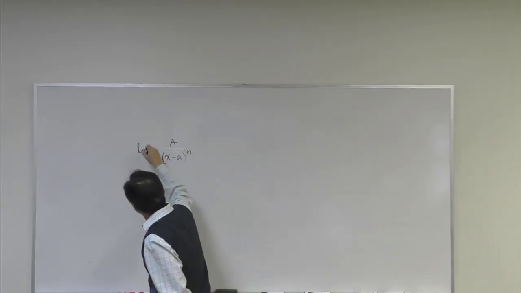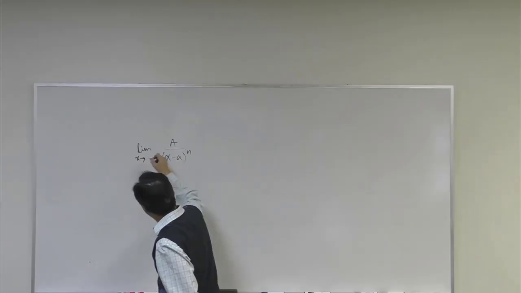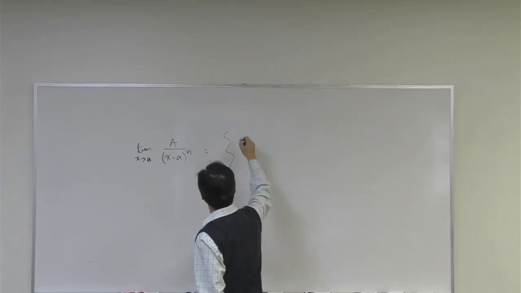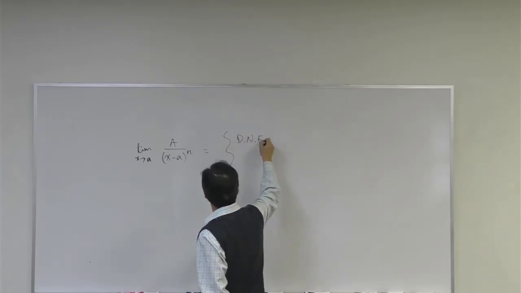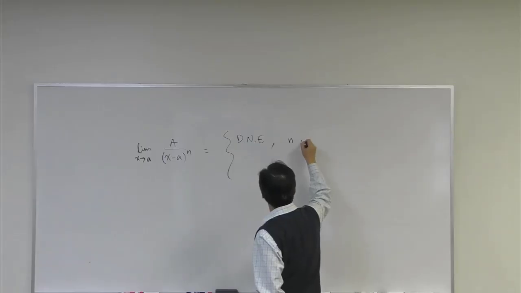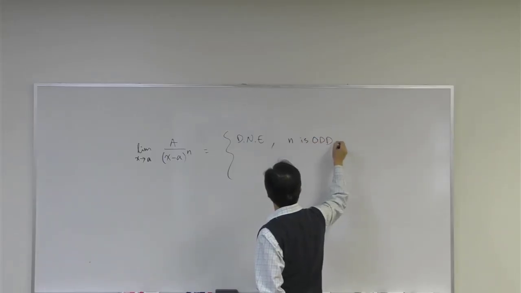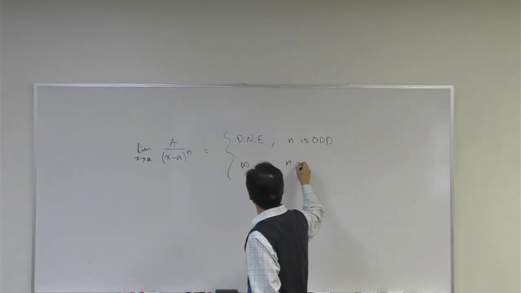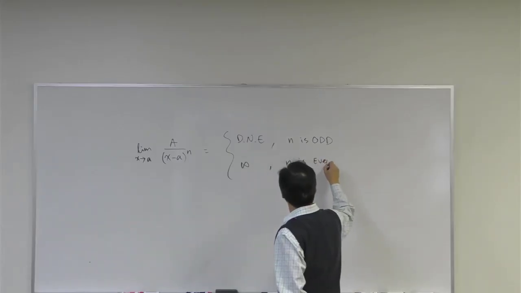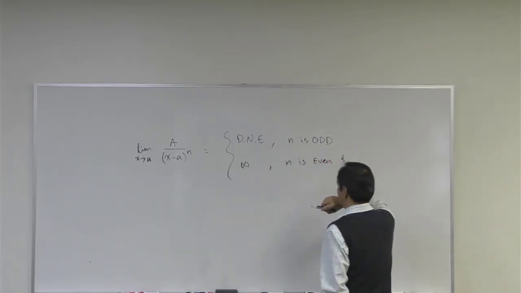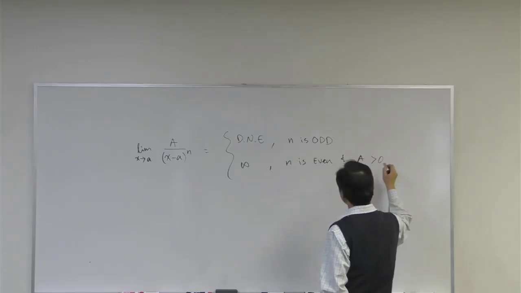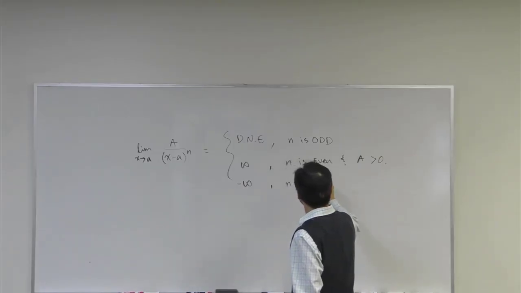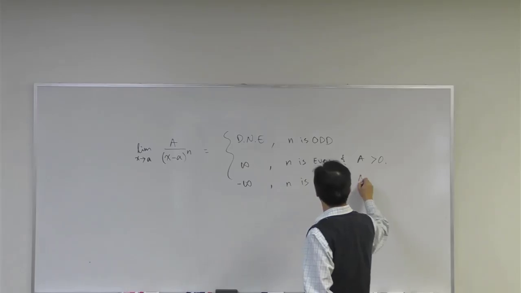When we let x get close to that pole value a, the result is that it goes DNE when the n power is odd. And it goes to positive infinity for n even, when the coefficient on top is positive, and negative infinity when n is even again and the coefficient is negative.